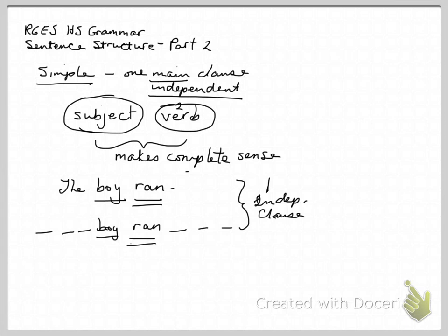I could even have the two subjects doing the same two verbs. And I still have a simple sentence. In other words, Tim and John caught the football and threw it. So, two subjects, two verbs, but they're the same two subjects doing the same two verbs. And all of that is examples of the simple sentence.